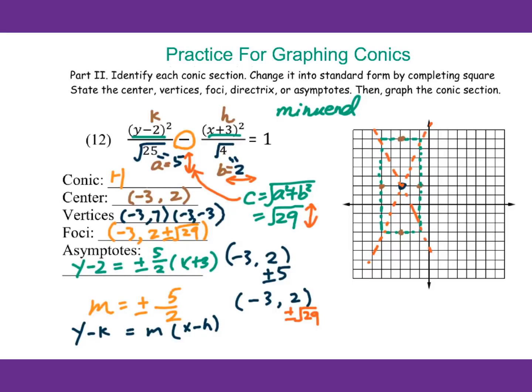When you draw the graph for hyperbola, make sure you have the vertices. Since we have y squared minus x squared pattern, that's a vertical hyperbola. So these will be the vertices. So we sketch the graph like this.